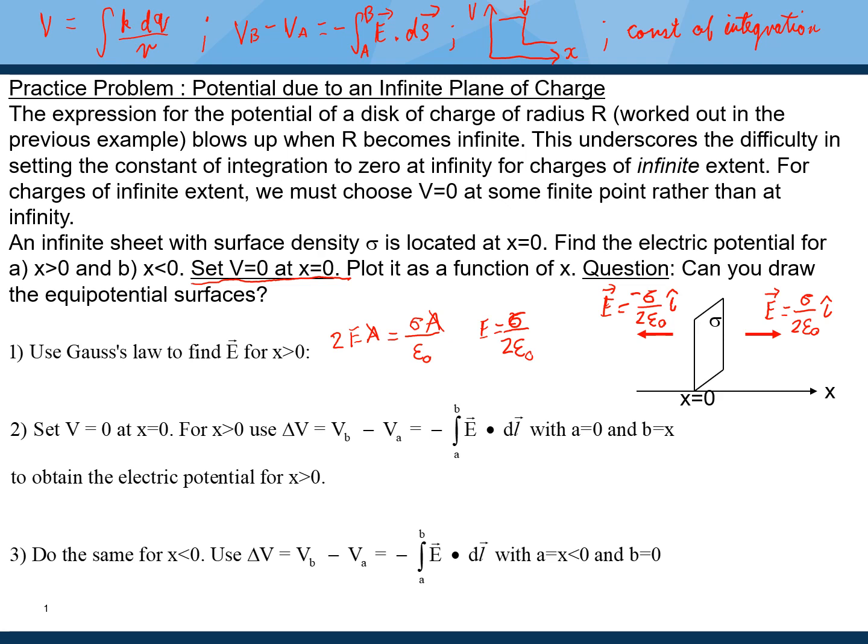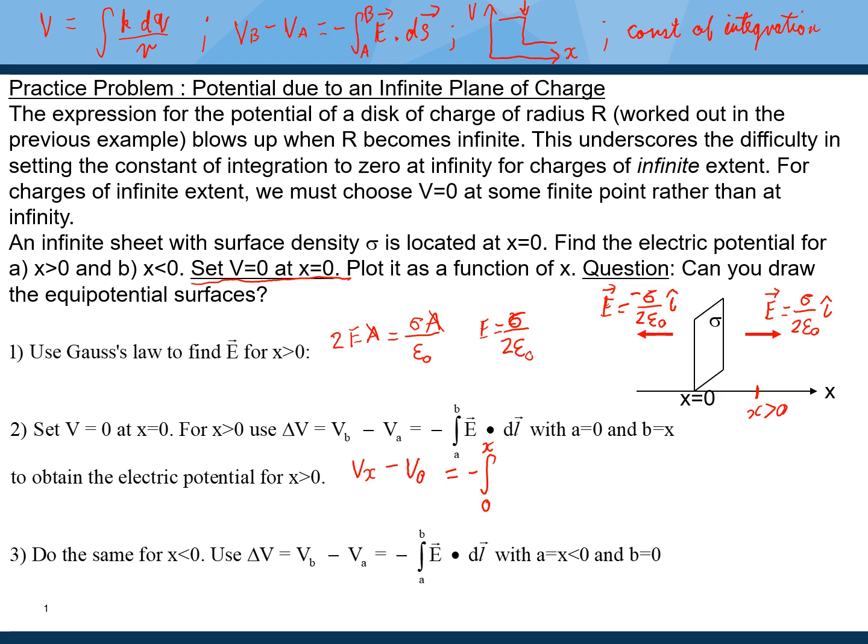This tells us that if we want the potential at any location x greater than 0, then we can say that V(x) minus V at x equal to 0 is just equal to minus the integral from 0 to x of E vector dot dl vector.